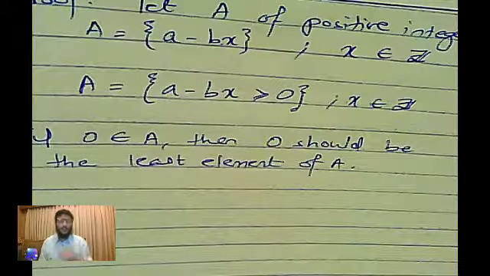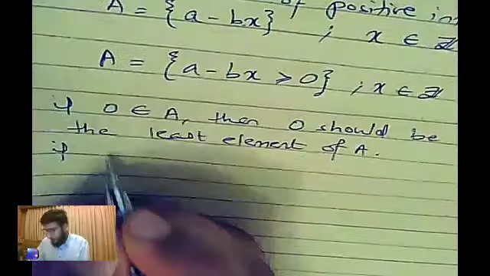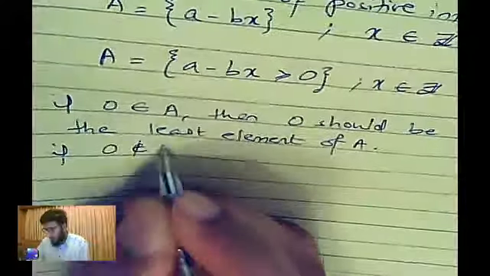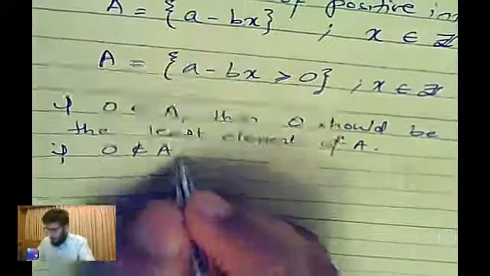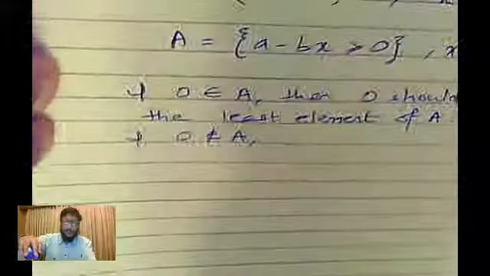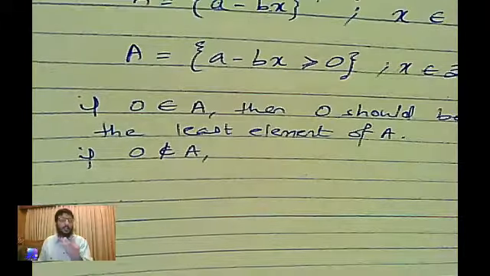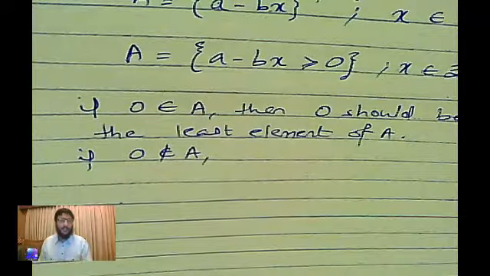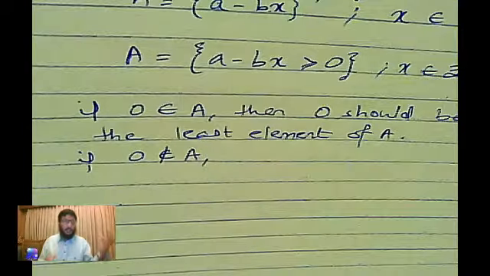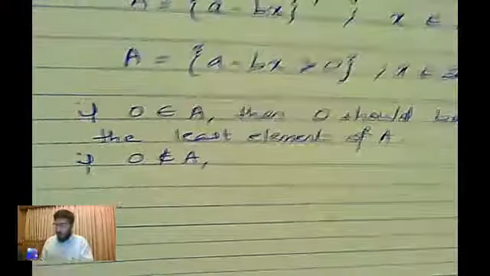So 0 should be the least element of A. But if 0 is not involved in A, so if A does not have 0, but it is a set of integers, it could be called a subset of positive integers, right? Because 0 isn't there. 0 is involved in the set of integers.